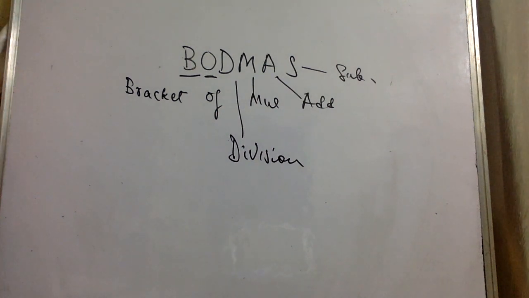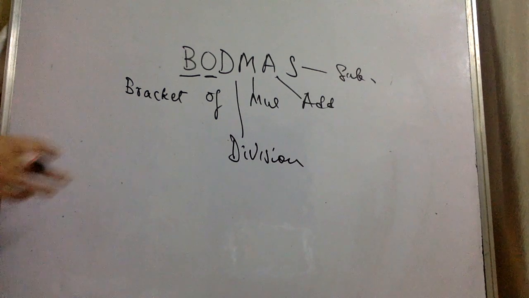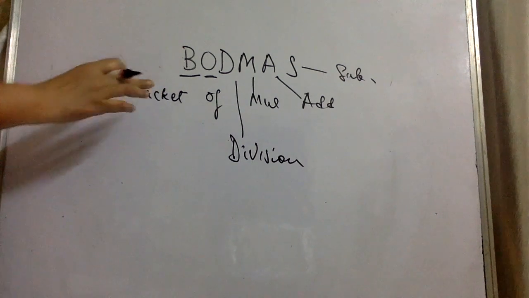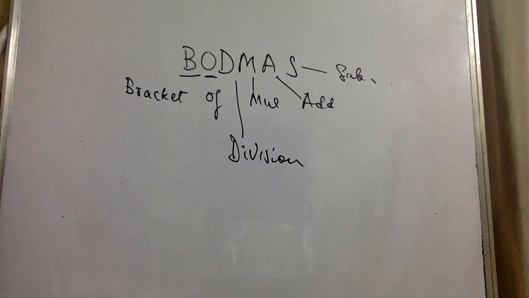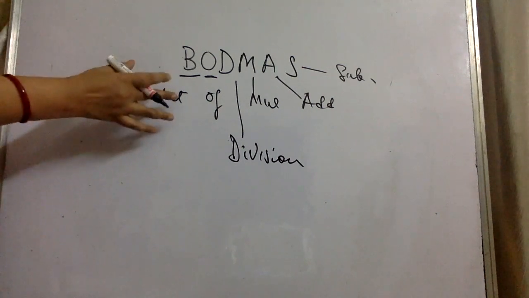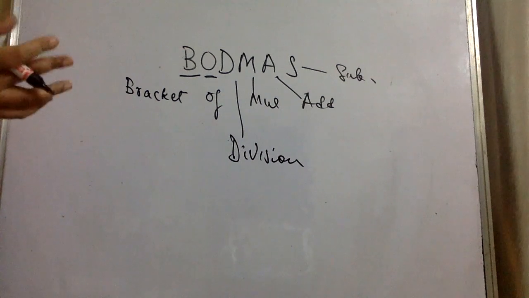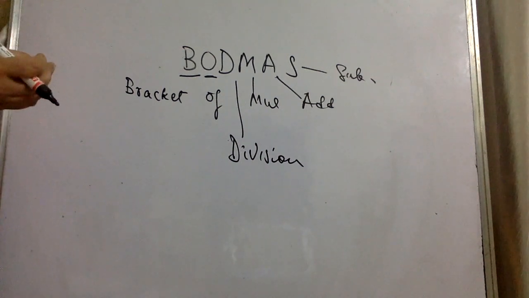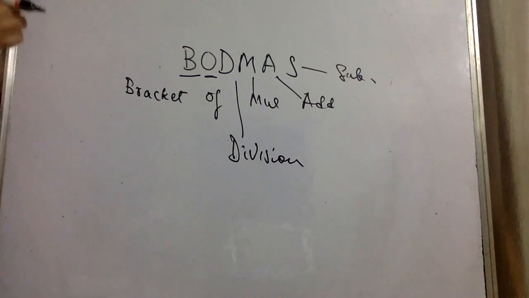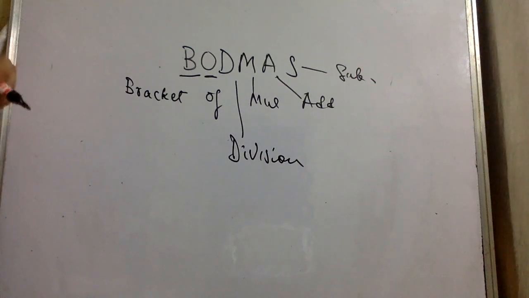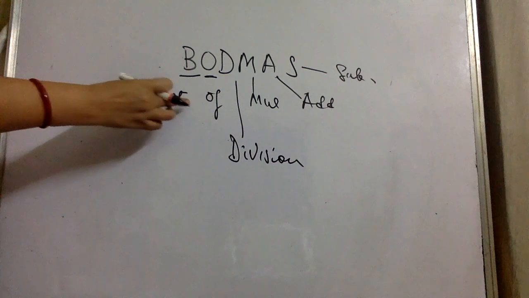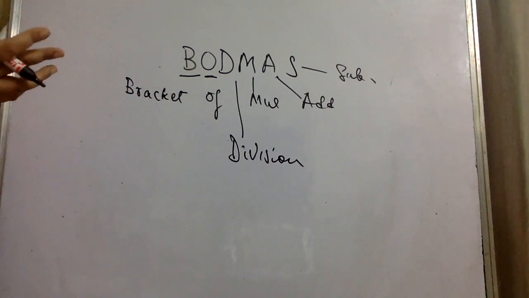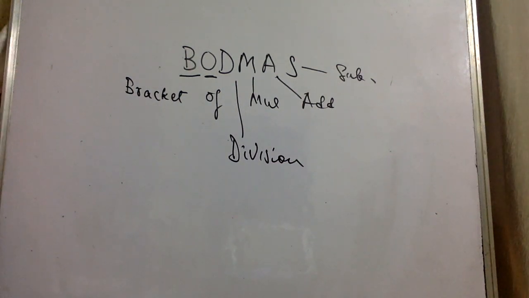The very first thing is, if possible, we have to remove any bracket. We have to work on the bracket first. I'll take this up in detail, because there won't be just one bracket. There are 4 brackets, and there is a sequence of opening those brackets also. Then we have off, which is practically multiplication in maths.